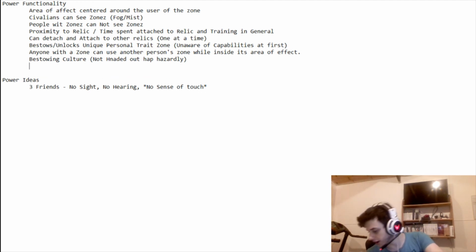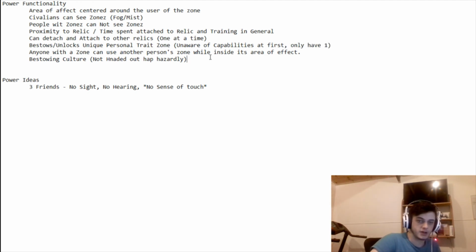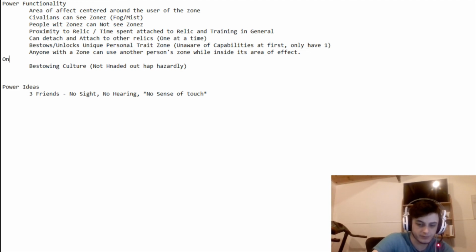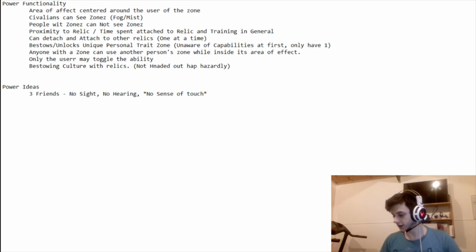I just thought I should write it down just in case. I may as well just append: only the user may toggle the ability. So I think that concludes everything for today.